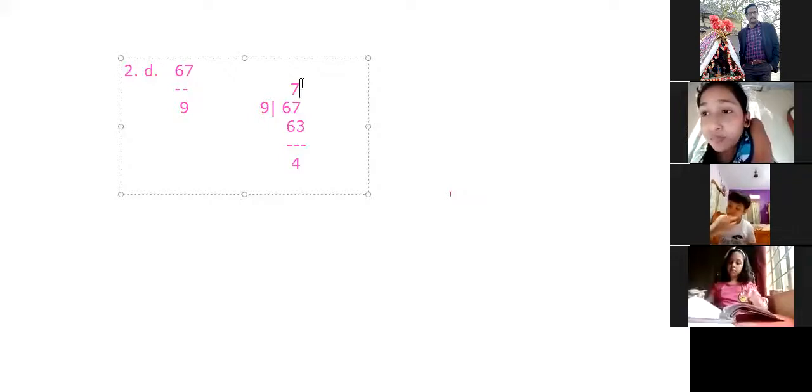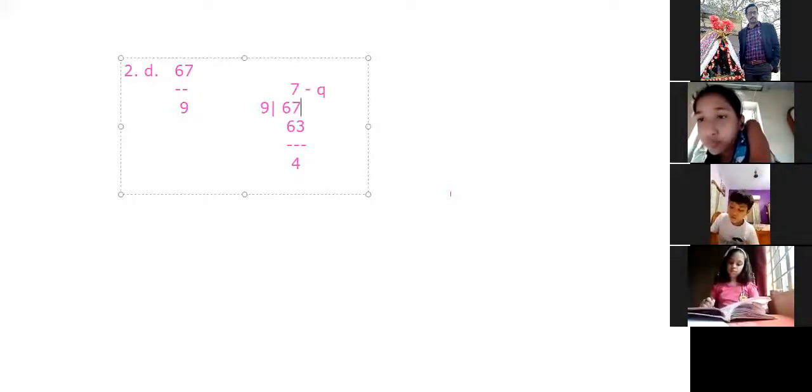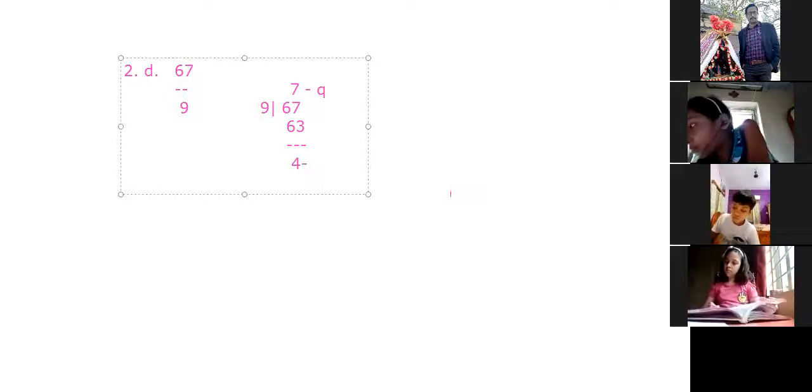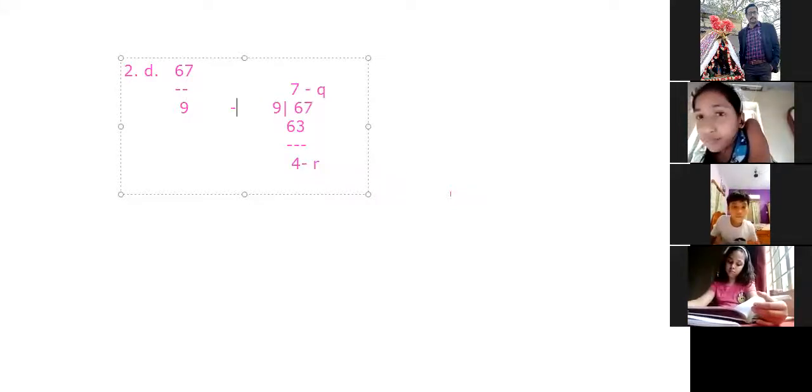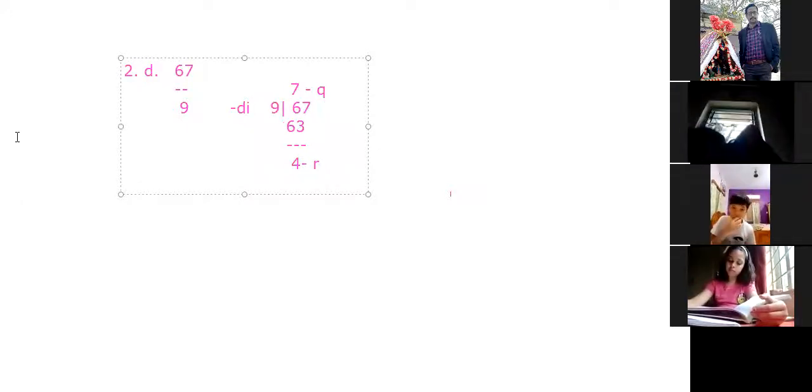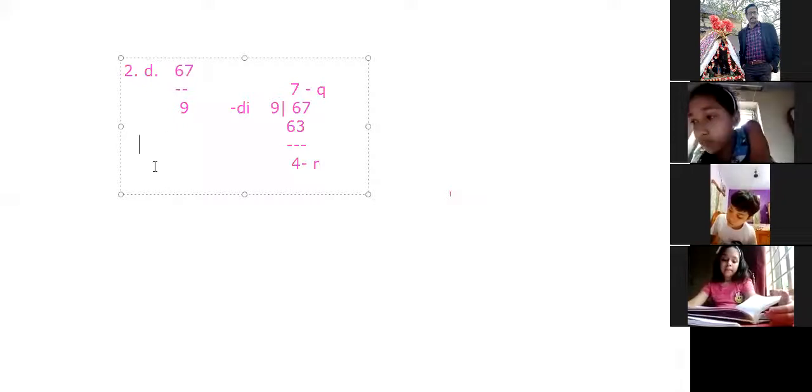This particular number is called the quotient, and this is the remainder. I'll show you in small letters so that you can check: this one is the divisor, and the result is the quotient.